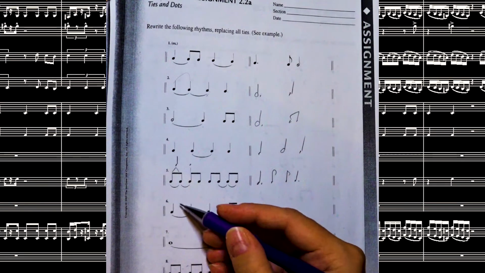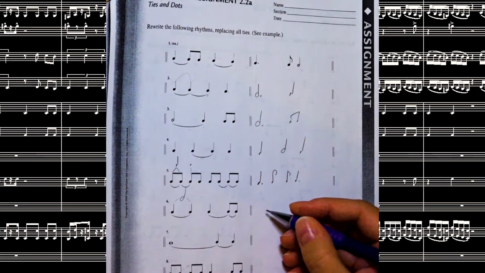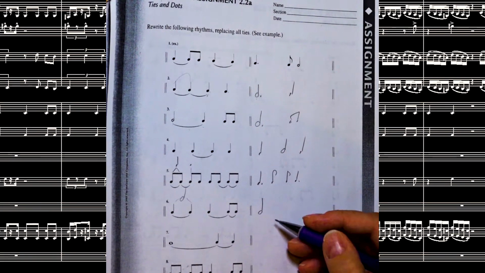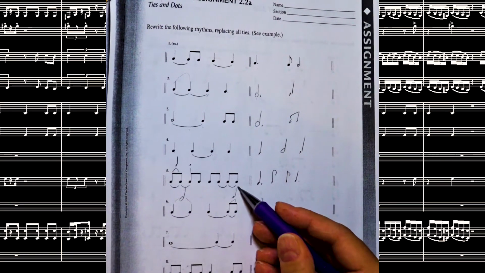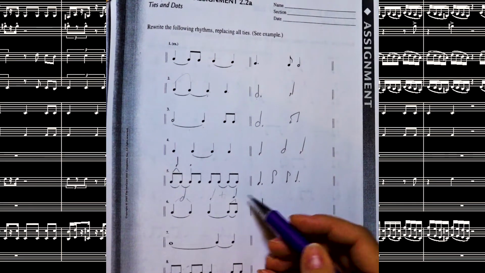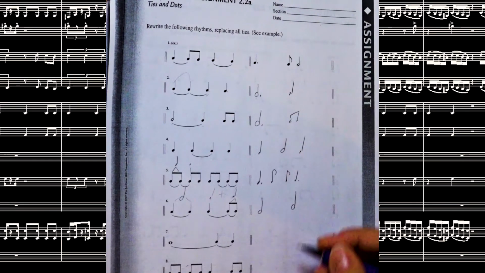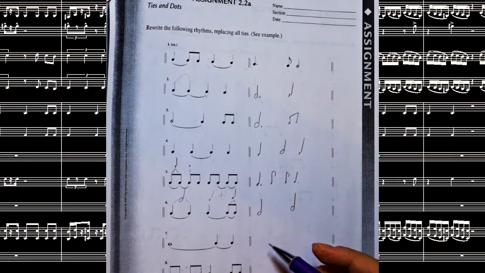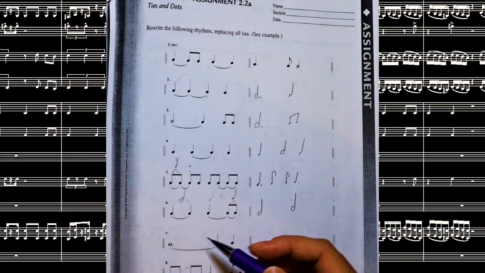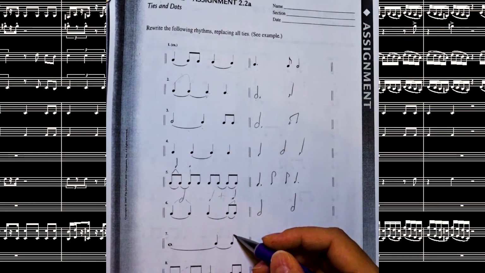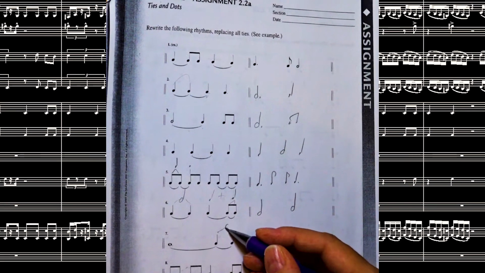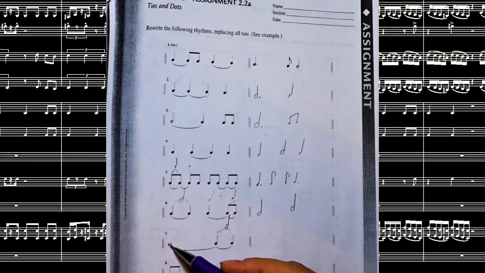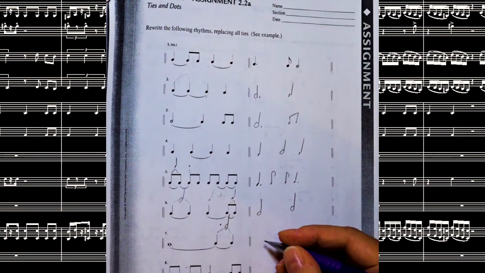These 2, remember, make a half. Remember, these two make a quarter, and then 2 quarters make the half. All right, this is a whole note. So these two make a half note. Half of a whole note is a half note, so that's equal to a dot.